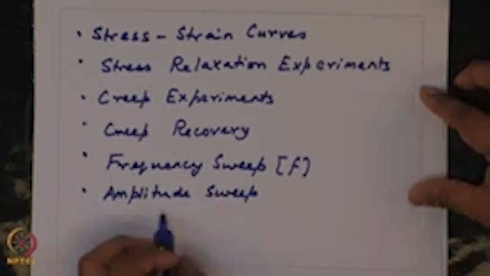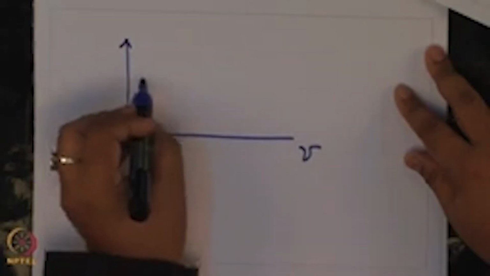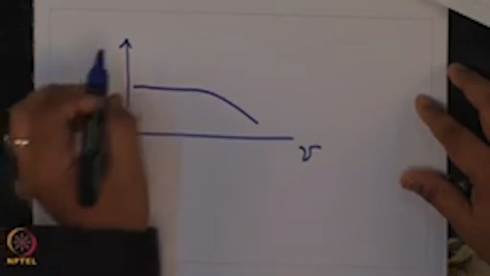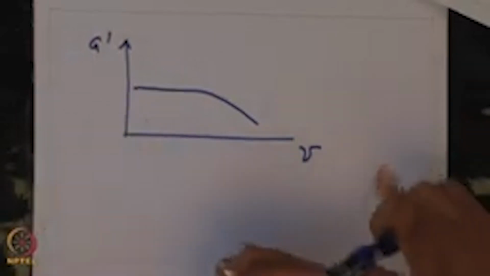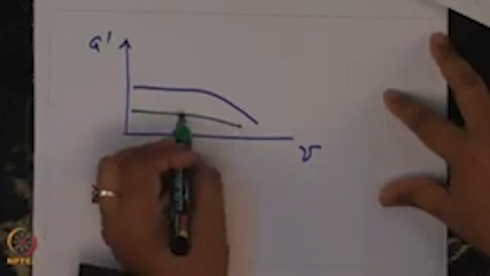So, a typical case of an amplitude sweep: here you have gamma. You might have a behavior like this. This let us say is G prime, and I can also plot G double prime on this curve. No, actually, sorry.